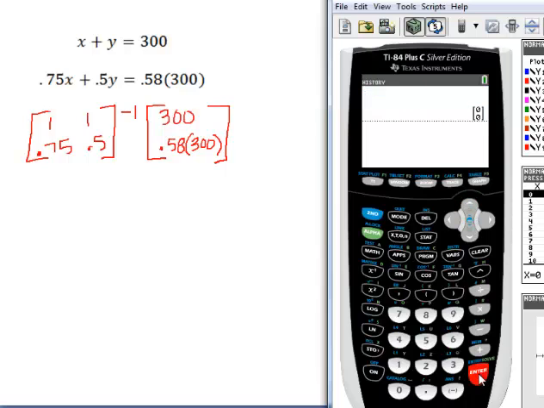Let me hit enter again so I can pull it down here, and now I'm going to change that. On the top I have 300, and then scroll down here and I've got 0.58 parentheses 300. Close your parentheses. The calculator will do that for you. Get to the outside and hit enter.